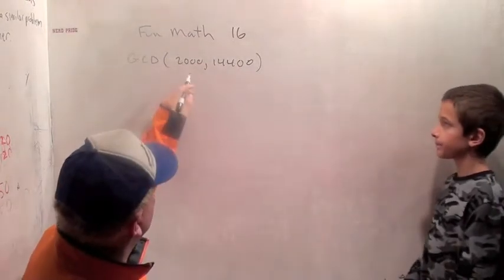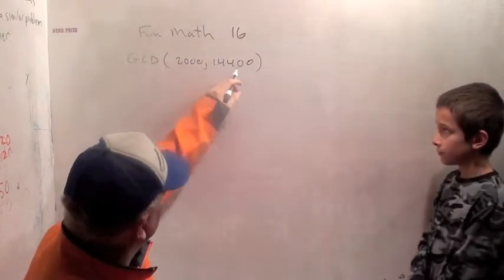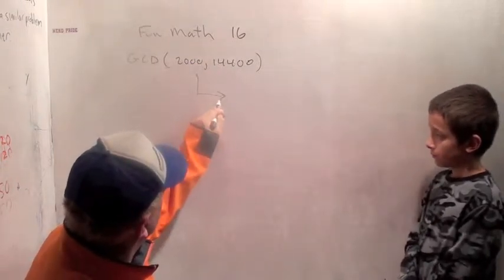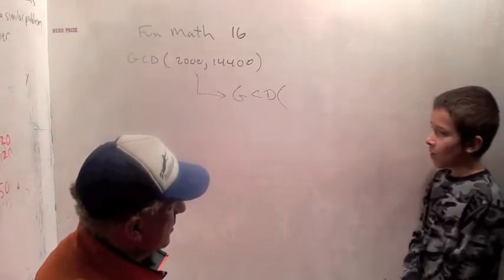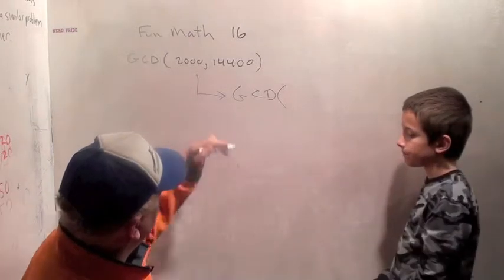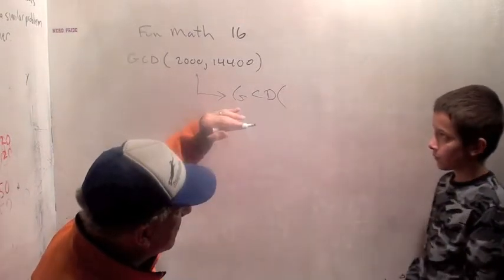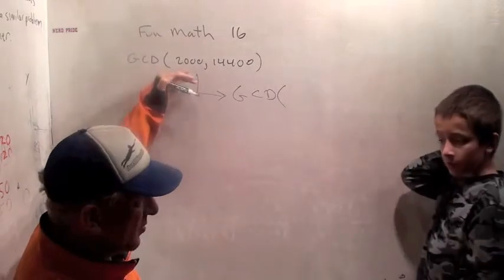Okay, so greatest common divisor of 2,000 and 14,400. We say this is the same as the greatest common divisor of what and what? Of 2,000, we pick the smallest number.